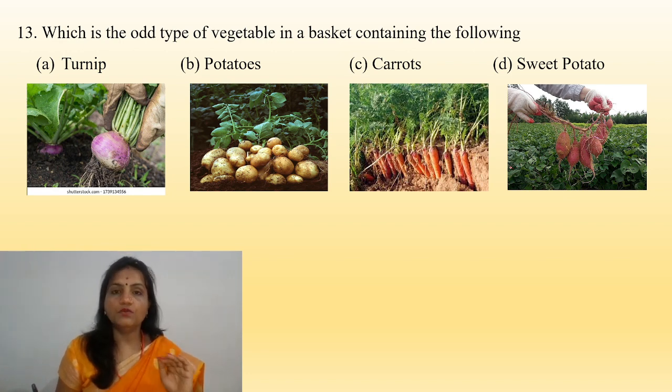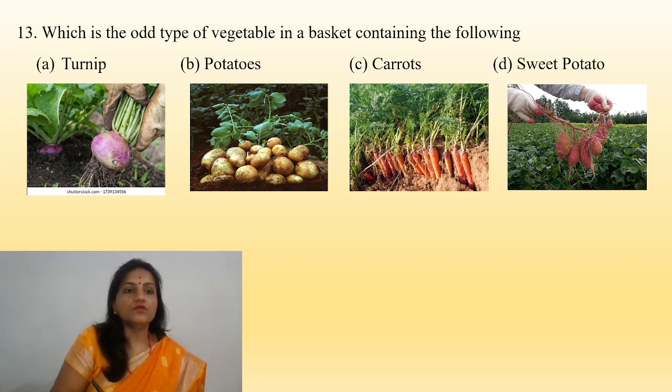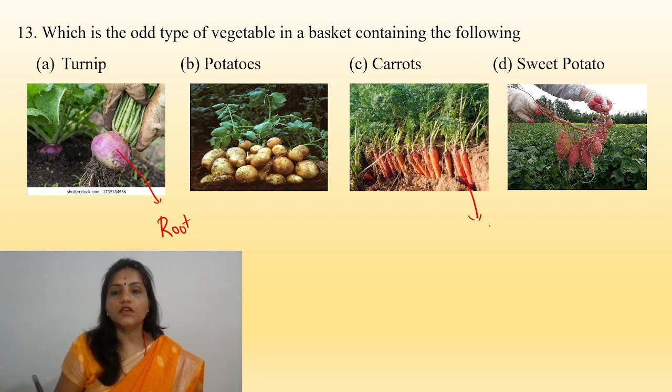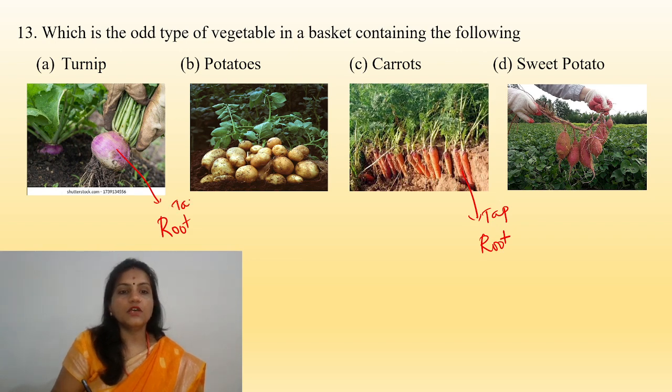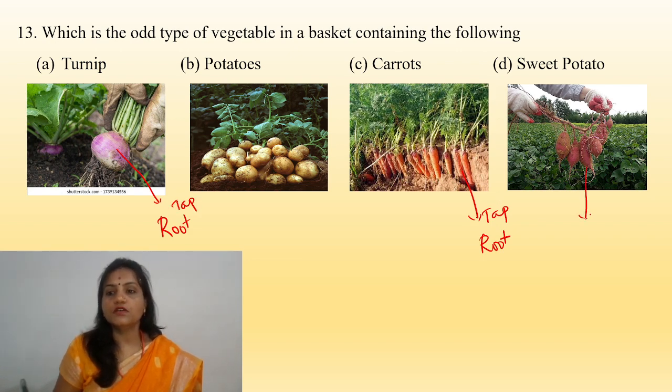Agree, but you need to understand. So this is a root. This is again a root modification. This is a taproot modification. This is also a taproot modification, and these are sweet potato. This is an adventitious root modification.